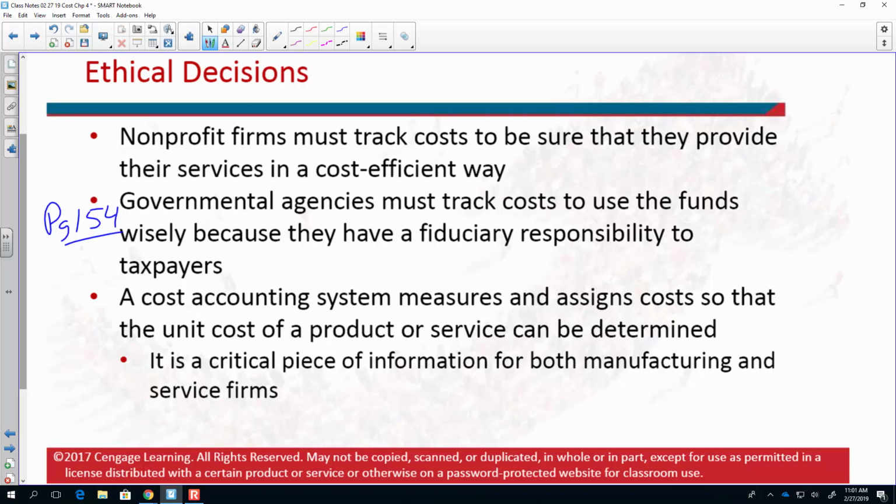So that's why you take the ethics class, right? But the book talks about marking up cost by 60,000%. I don't even know how that would be possible. But basically, that's 600 times their cost. Well, that's an ethical problem, right?